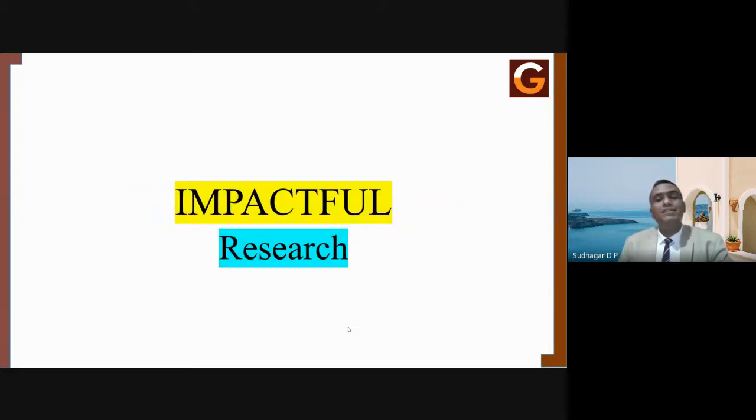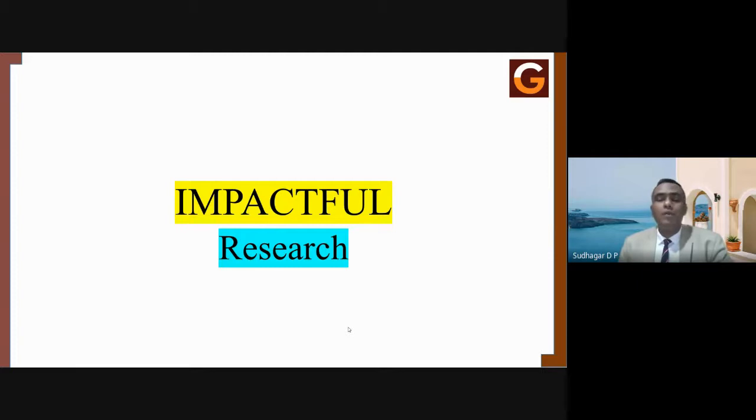So after knowing why and when the research is required, we'll have to understand how our research is going to create an impact as an individual, as a researcher, and how it's going to create an impact for other stakeholders. The stakeholders here could be customers, or employees working in the industries, or policymakers, or the government, or the society.